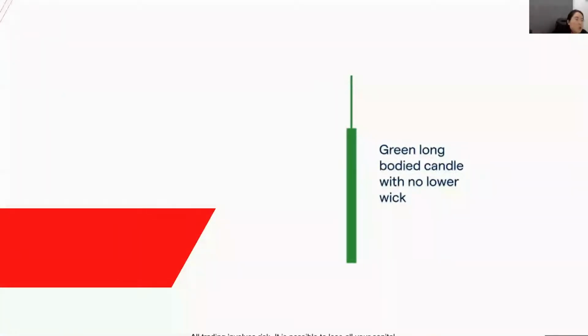Do you see how this is so different from the traditional Japanese candlesticks? If this was the Japanese candlesticks and you saw a long wick on the top, you would immediately think, oh, there is a rejection, that there is weakness. That's why the candlestick is making this long wick. It is a bearish rejection, and you might think the bearish momentum may be strong.